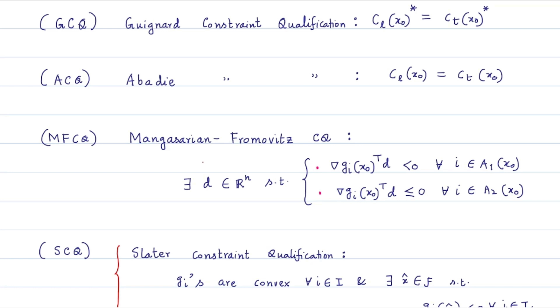This Mangasarian-Fromovitz condition is geometrically signifying that the intersection of these half spaces, you notice that geometrically this is a half space, right? This is also a half space. Intersection of all these half spaces is non-empty. That is the geometry of this Mangasarian-Fromovitz constraint qualification.